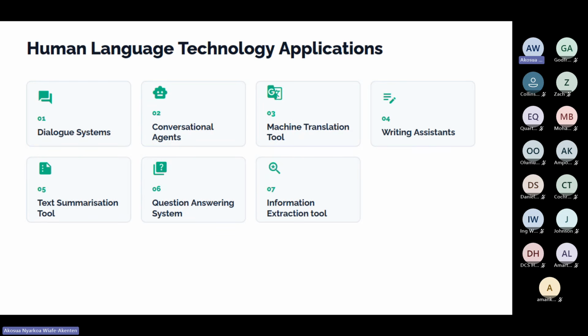So you want to have a tool that can help someone who speaks only Ga, for example, to be able to understand some of these advertisements that are made in the English language, right? So machine translation will be a technology that you adopt, and you could develop a tool for that in that regard.